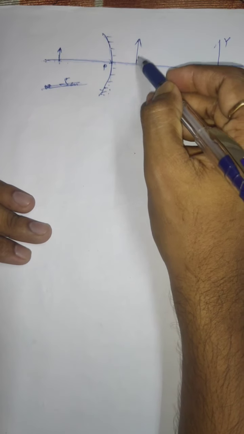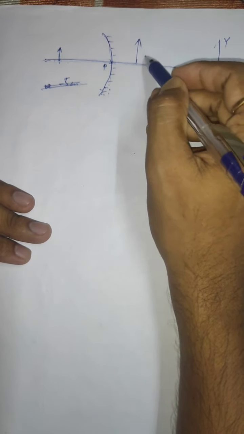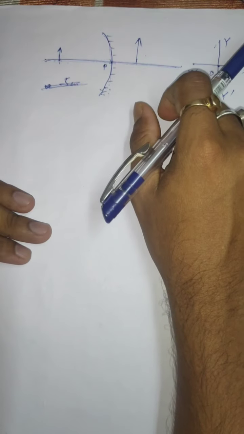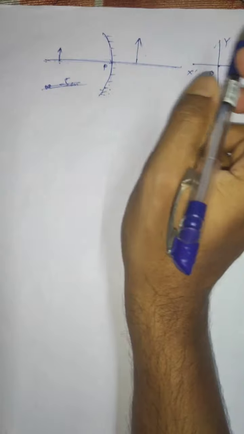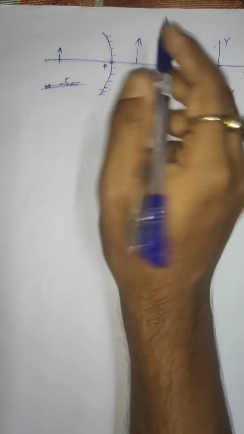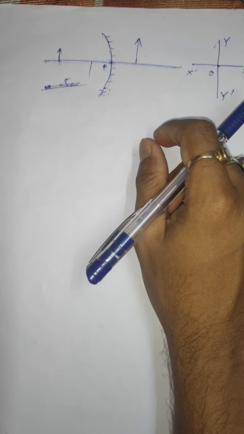If the image is formed on this side, then it will be positive in case of real and virtual and erect. Otherwise, if it is real and inverted, then it will also be negative because the image is formed on this side. Depending on the ray diagram, you can understand this.